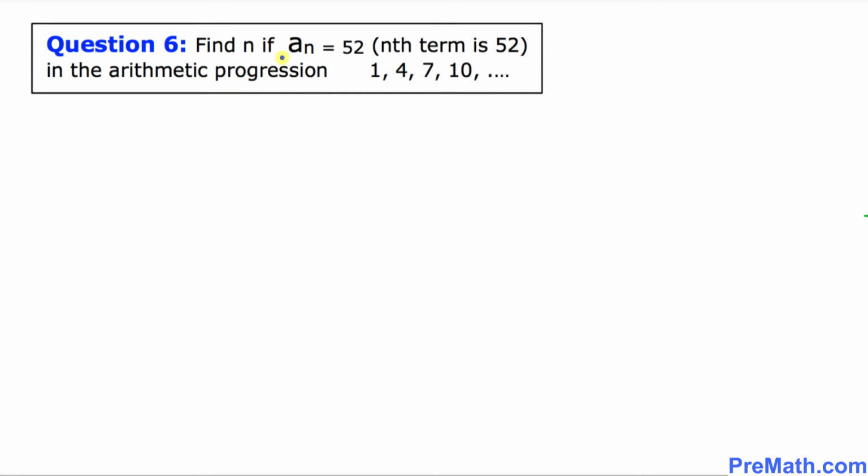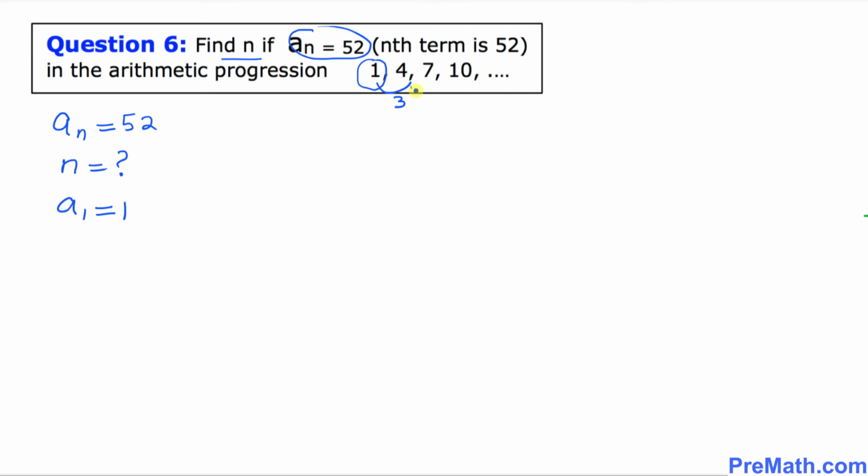The very first thing we have been given is a sub n equals 52, and we want to find n. That means we want to know what n equals. We know from this sequence that the first term is a sub 1 equals 1, and now we want to find the common difference.